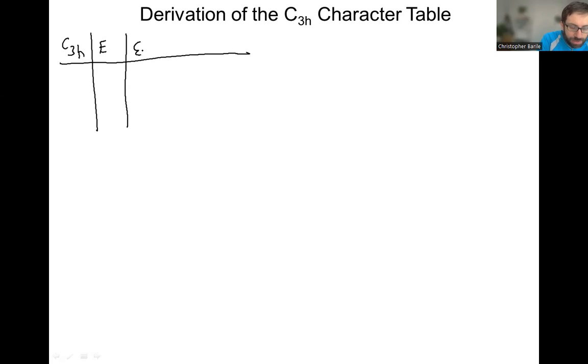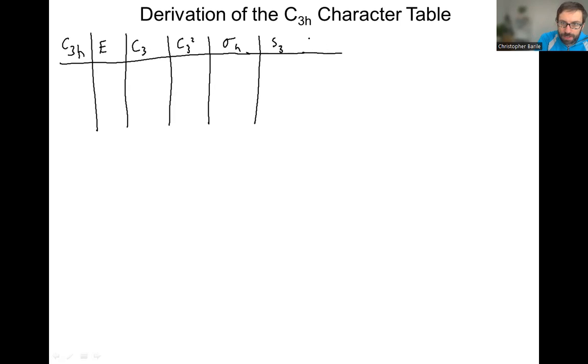We have C3, we have C3 twice, we have sigma h, and we have S3 once, and S3 5 times. Those are our 6 unique classes, all with one operation in each class.